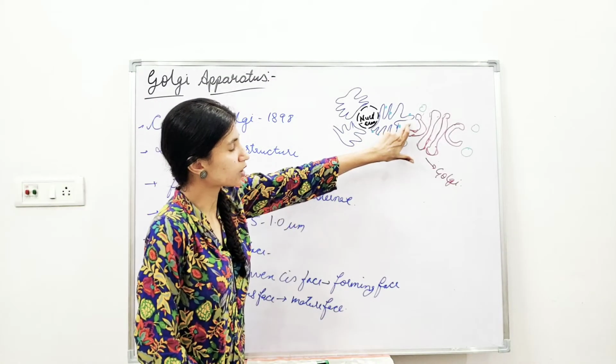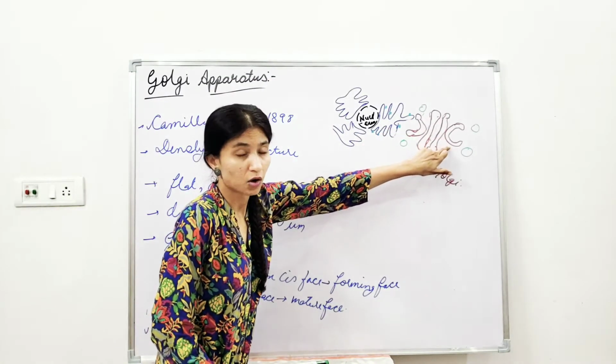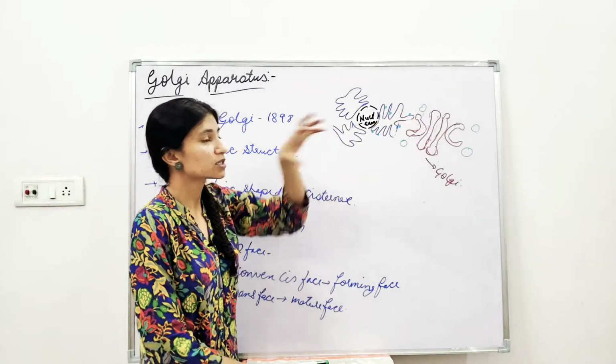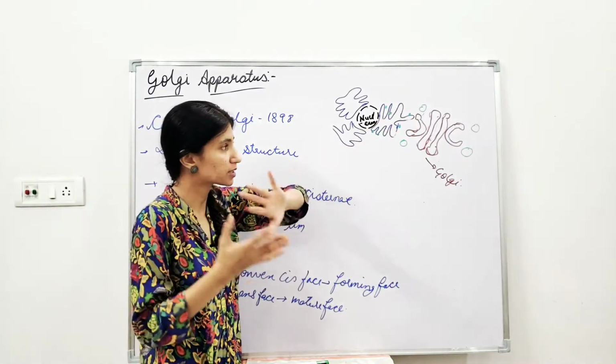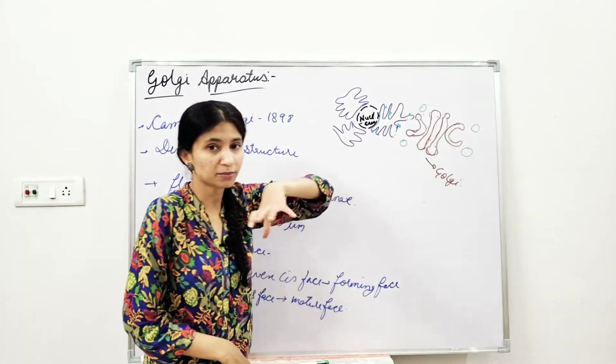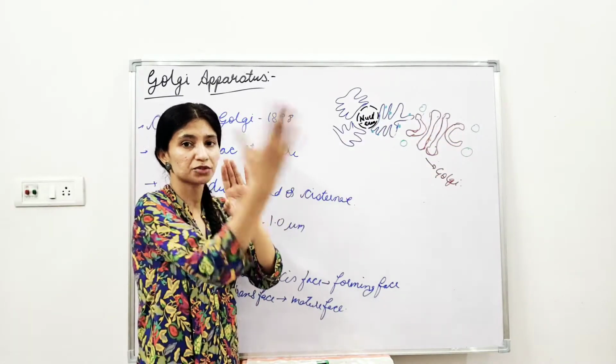This is the cis convex face, this is the trans concave face. The cis convex face is always near the nucleus or near the endoplasmic reticulum. Why is it so? We'll discuss. And this is always away from the nucleus, making a concave shape, which is outside.